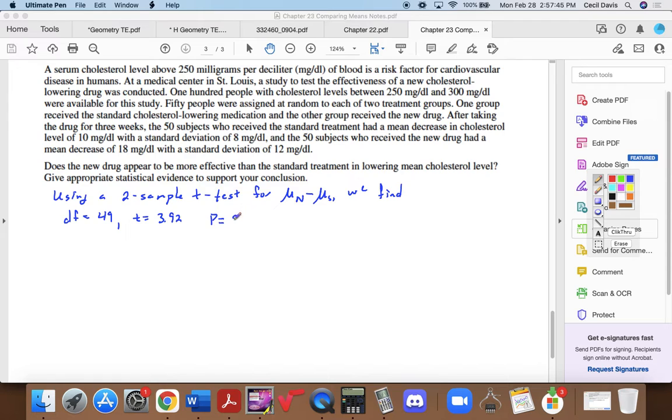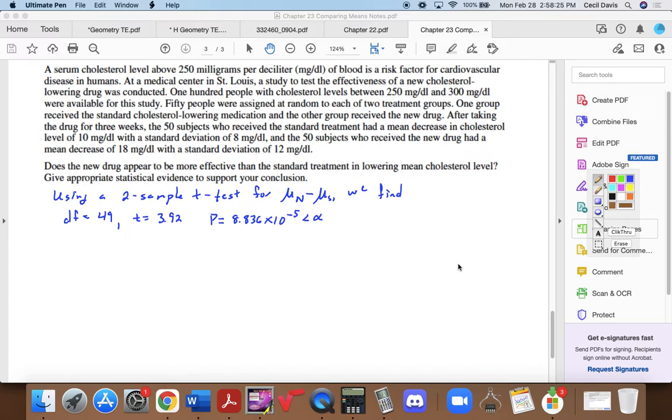Let me see. 0.0682. Oh wait, mine's different. I did something wrong. Did you do it backwards? I'm doing a z-test now. That's why. There we go. Now we have an error.